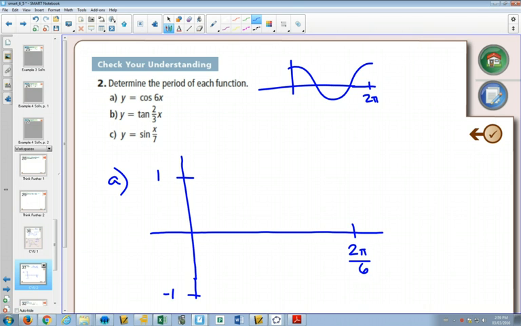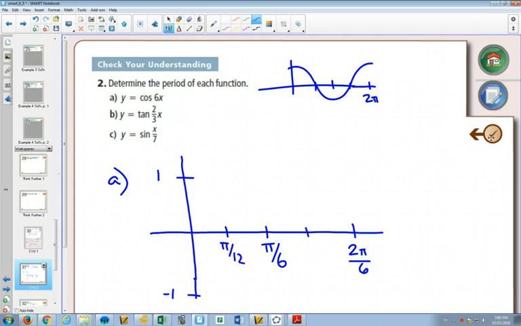Now, every time we graph it, we will split it up into 4 equal sections. So as far as labeling things go, if we know that one full period is 2 pi over 6, if we cut that in half, what are we going to get? Pi over 6. Half of 2 pi over 6 would be pi over 6. And half of pi over 6 will be pi over 12.